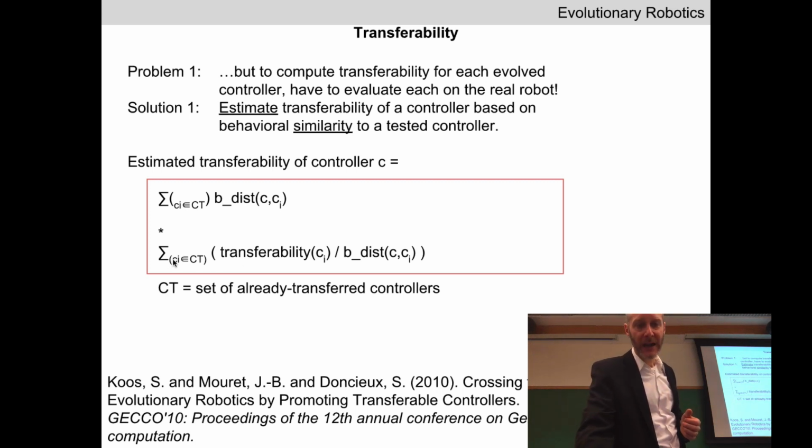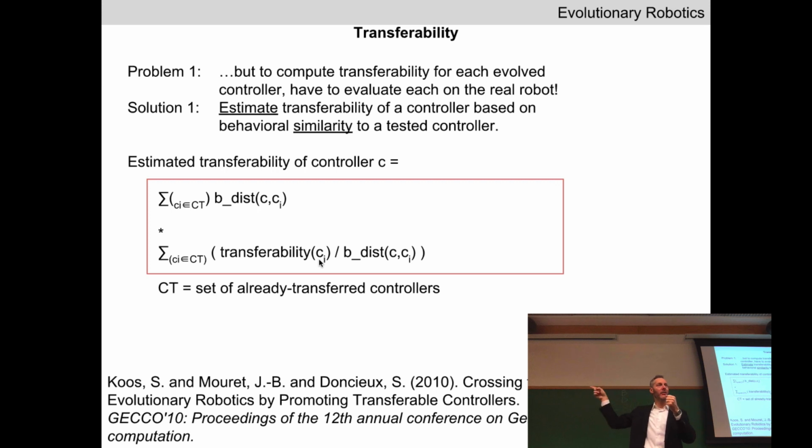So we're trying to estimate the transferability of a controller C. We've evaluated it in simulation. We haven't sent it to reality yet. We're going to compare C against each CI, which are all the controllers that we've already sent to reality, CT. So we're going to take each one, CI. We're going to ask how transferable was that CI?